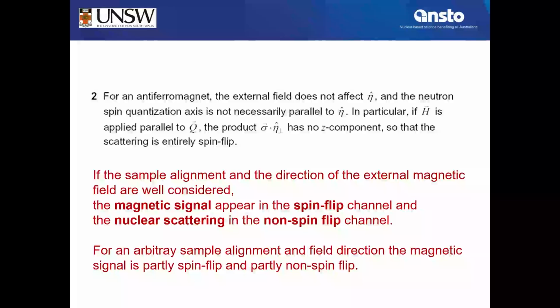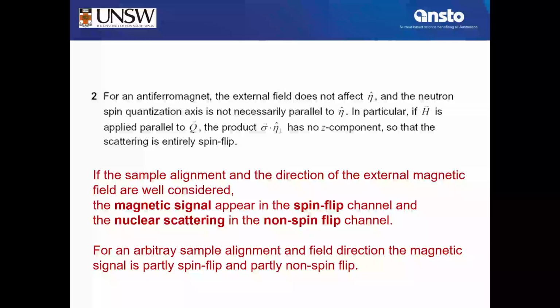Okay, sorry again, that was a bit theoretical for the experts. What's the main message of that consideration? If we align the sample perfectly in one direction with respect to an external magnetic field and scattering vector, the magnetic signal appears as spin flip and the nuclear signal as non-spin flip.